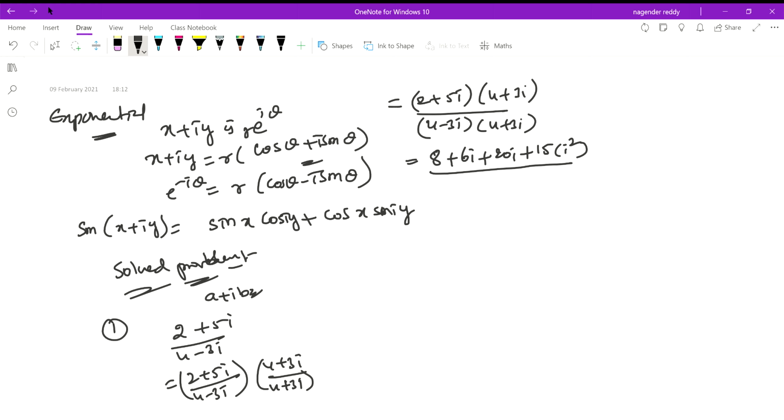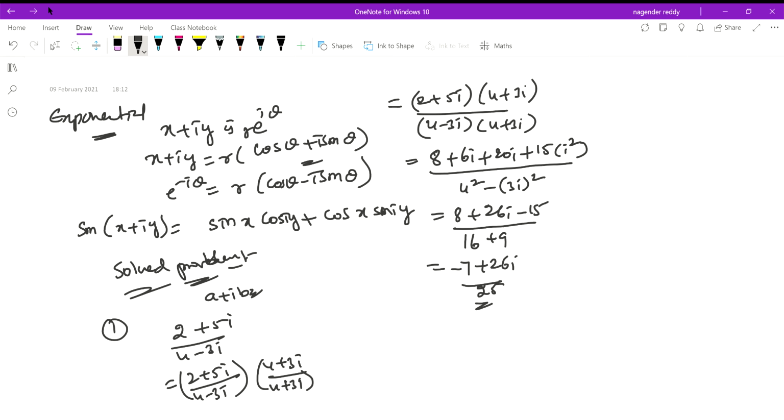In the denominator, a minus b into a plus b is a square minus b square, that is 4 square minus 3i whole square. So 8 minus 15 is minus 7, and 6i plus 20i is 26i, because i square gives minus 1. 4 square is 16, and 3i square means minus 9, so minus of minus 9 plus 16 is 25. That gives minus 7 plus 26i by 25.